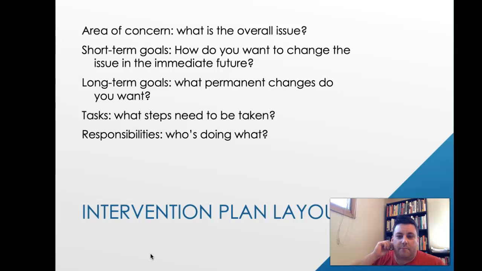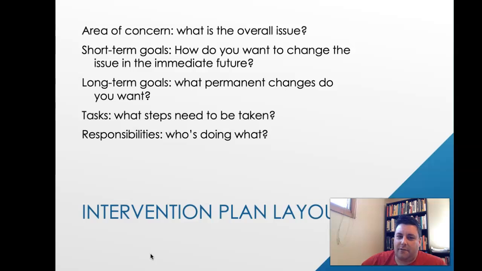So here's a really generic sample intervention plan, or treatment plan. There would be some description of the area of concern, and some statement of what the client hopes to accomplish in both the short and long term. Short is what's happening in the immediate future, long term is the permanent and sustainable changes.